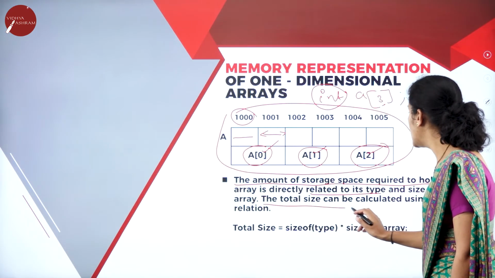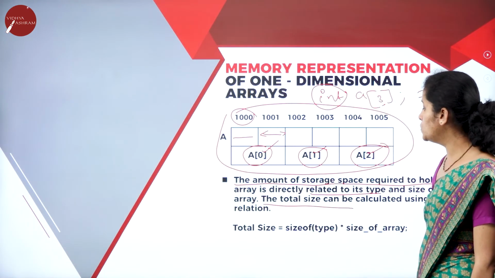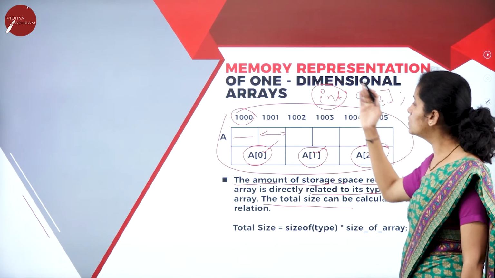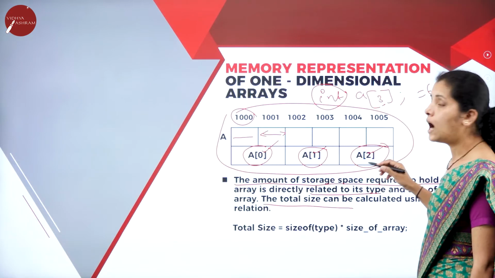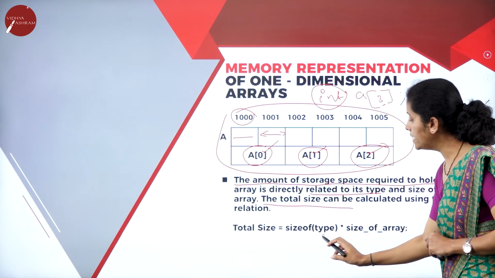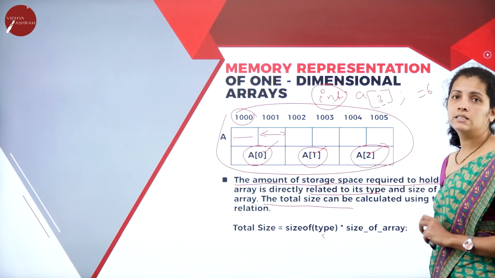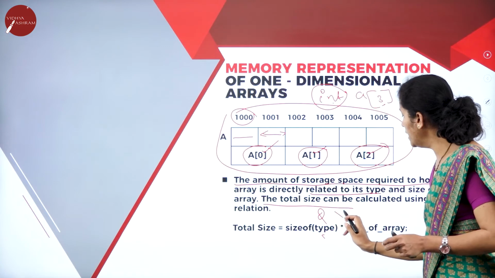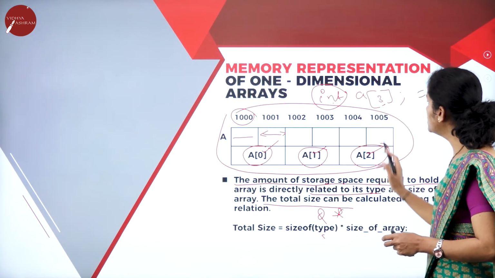The total size can be calculated using, see how to calculate the total size. The total size here is 6. How I am going to get 6? See here, the size of the data type. For example, it is integer. So, 2 byte into the size of the array.